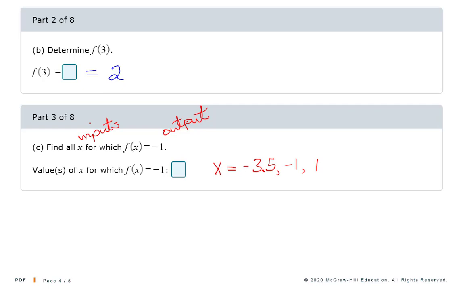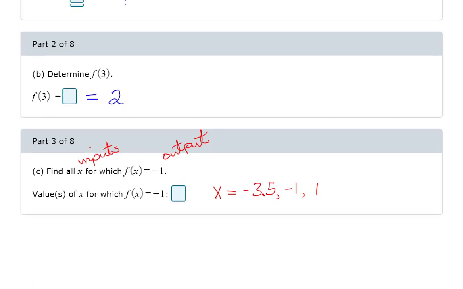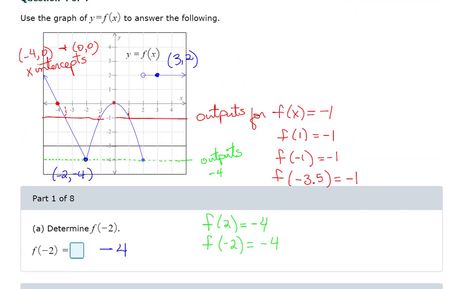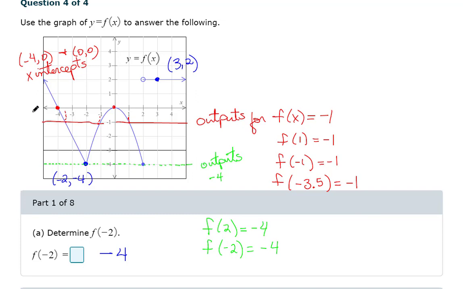All right, let's come back to the graph and take a look at that. So in red here, I've drawn a line for -1. If this line intersects my graph anywhere, it'll give me the inputs that would produce an output of -1.